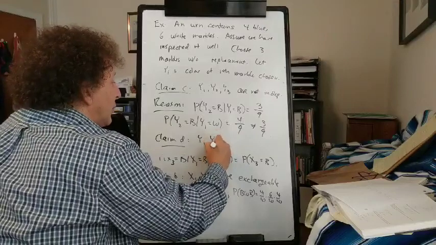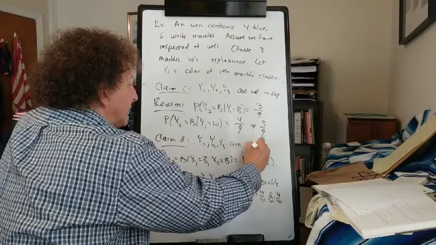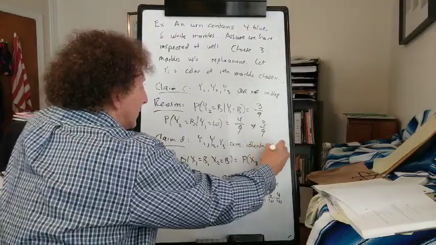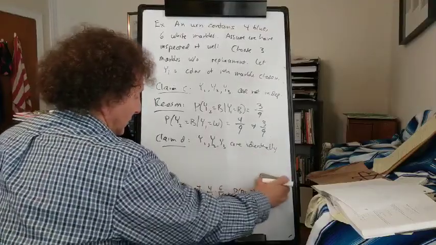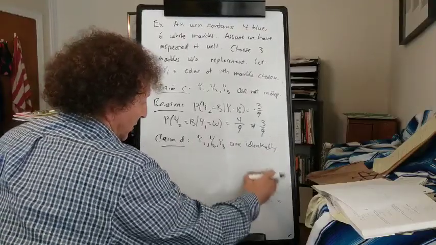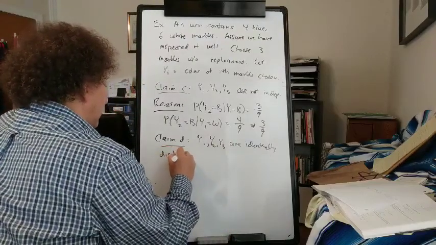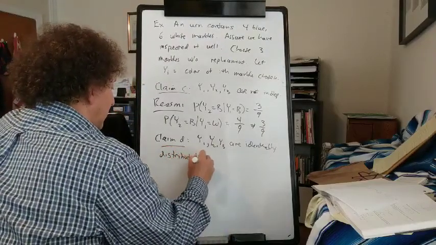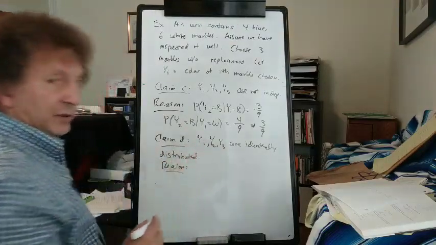On the other hand, y1, y2, and y3 are identically distributed. And the reason is, well, we showed this in a previous video.